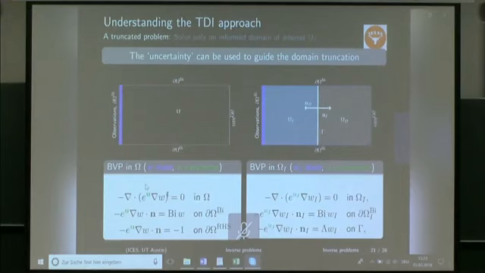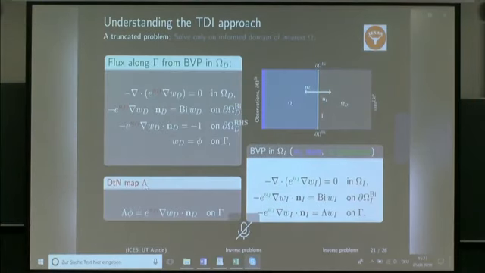We still have an elliptic equation, the PDEs, in the blue part, omega I. But some of you will immediately ask how we deal with the boundary where we truncate the domain. Let me tell you in a second. We're going to use the Dirichlet to Neumann map, basically the flux. We're going to replace the domain omega D, the part that we truncate, with a flux.